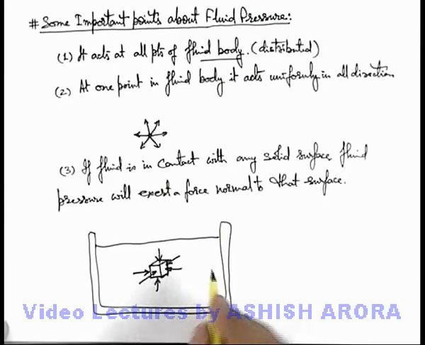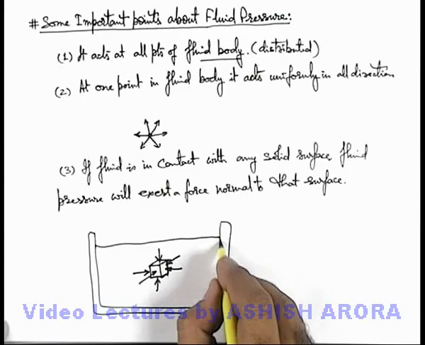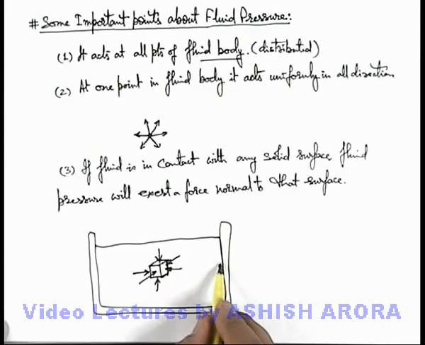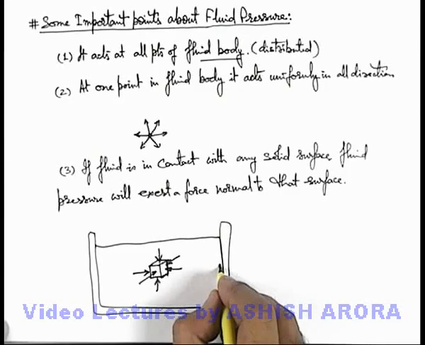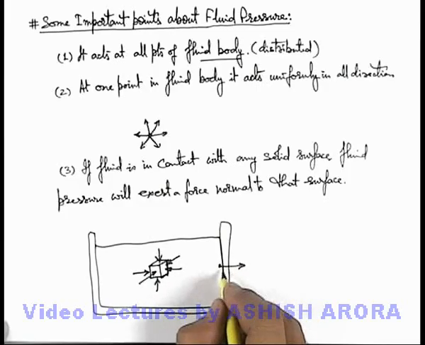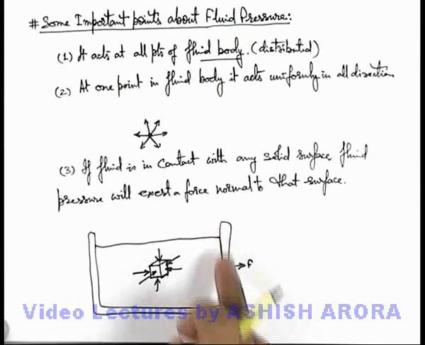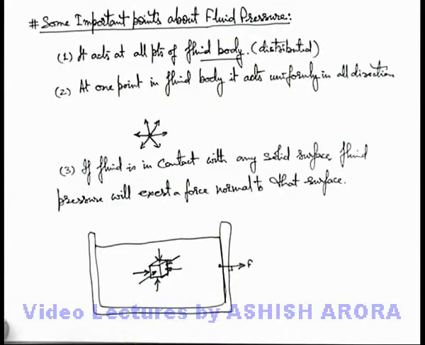Now, if we talk about the container walls, those liquid particles which are in contact with the container walls will push the walls in an outward direction, or you can simply state the force applied by the fluid particles on the container walls will be normal to the surface, because these particles are experiencing pressure in an inward direction from all of their surroundings, of which the resultant on the wall surface will be in the direction normal to it.